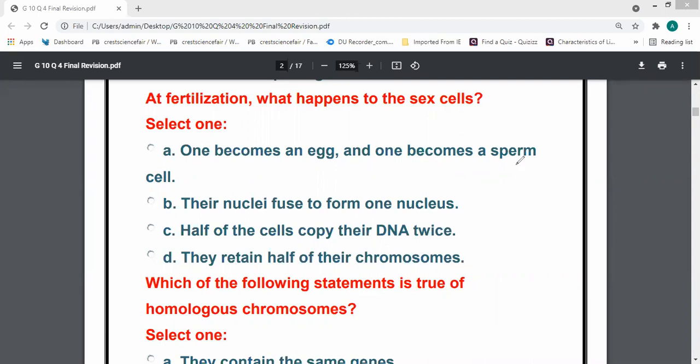B. B. Their nuclei fuse to form one nucleus. Okay, right. They fused with each other, the two sex cells, to produce one nucleus, which is the zygote. Okay. Thank you.